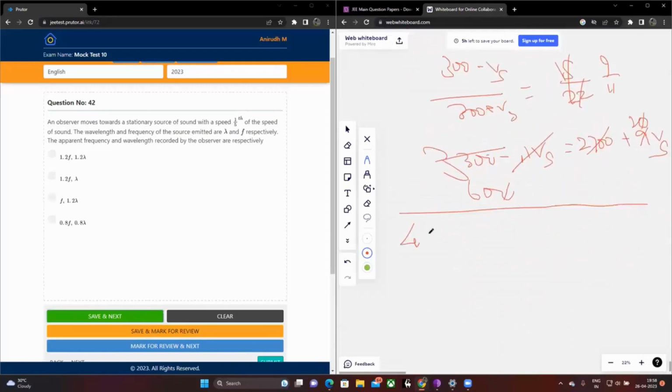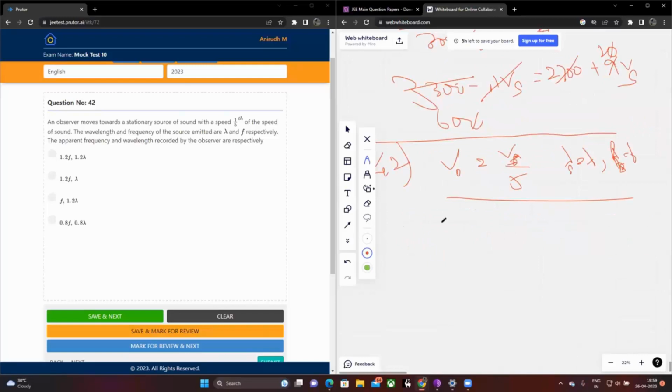Now, for the observer, you have VO is equal to V by 5. It's V by 5, not Vs, V source, right? And you have the apparent frequency, apparent wavelength.